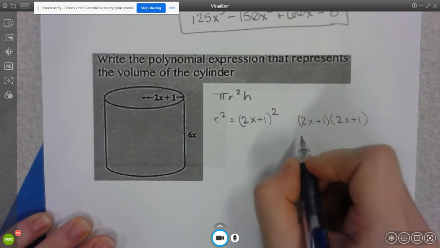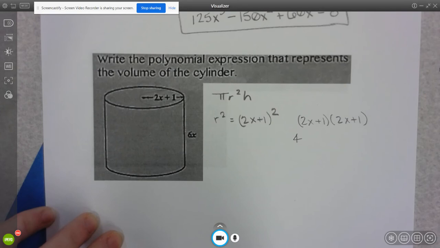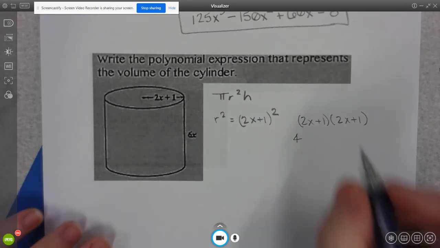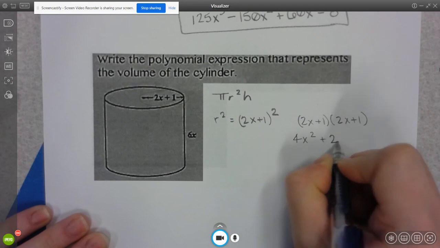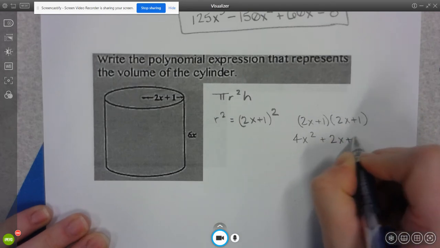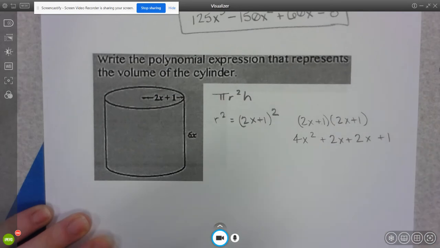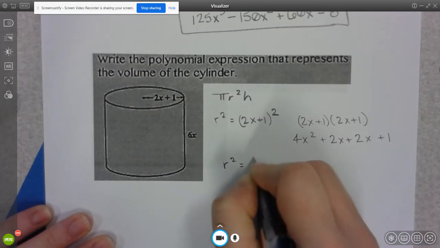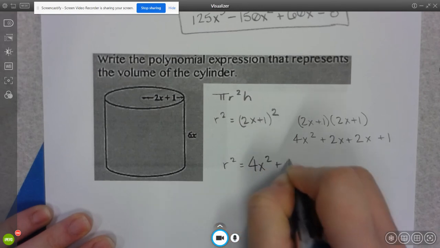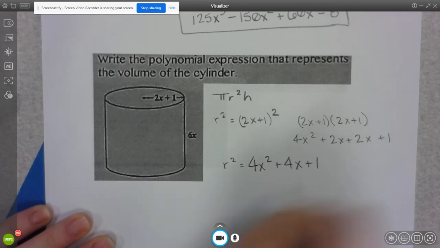So 2x times 2x gives me 4x squared. 2x times 1 gives me 2x. Same thing again. And then plus 1. So r squared is going to be 4x squared plus 4x plus 1.